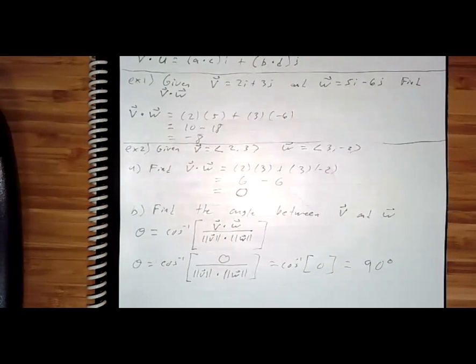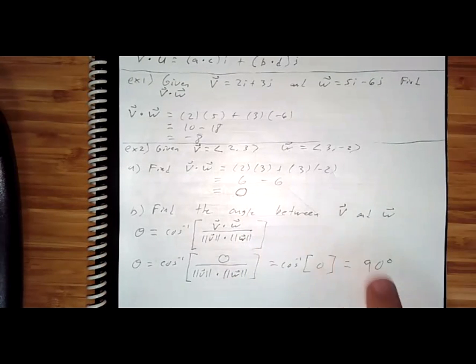We'll get 90 degrees, which means that the vectors are orthogonal to each other. So we didn't really have to do this part. Just getting a dot product of 0 means that the angle between is 90, or perpendicular if you prefer.